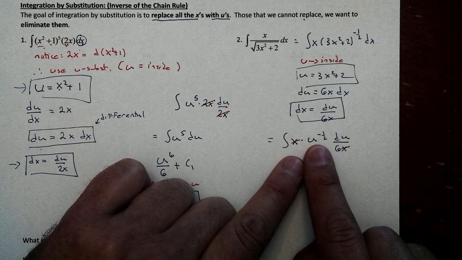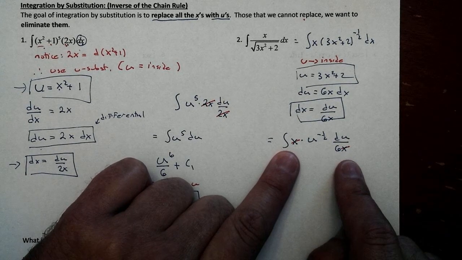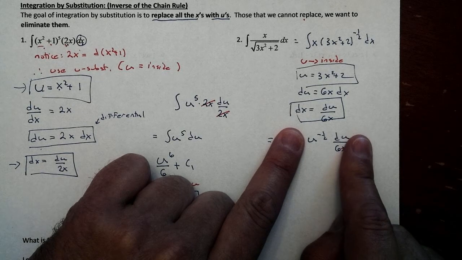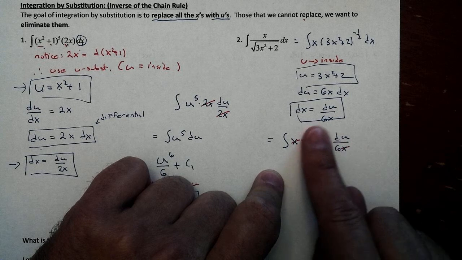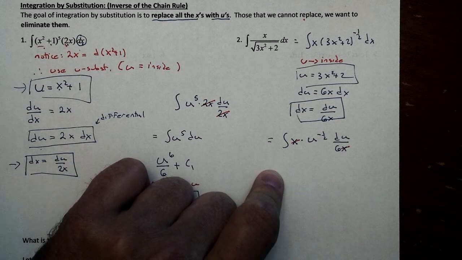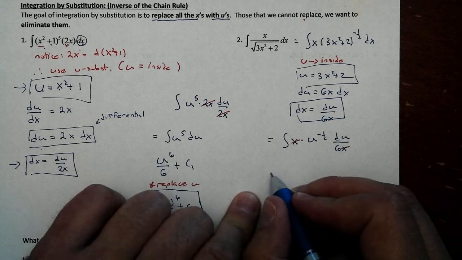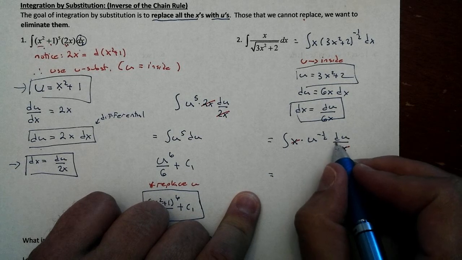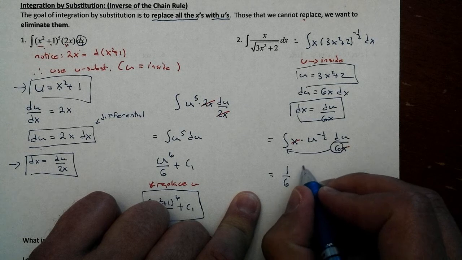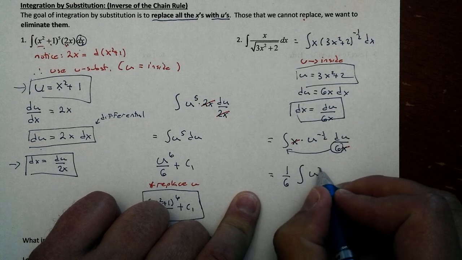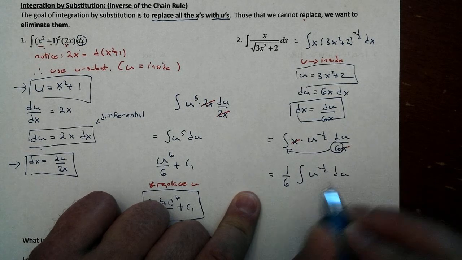If you're left with u and x, you have a problem. Only one variable should ever remain in here. You cannot have u and x in the same integral. We can't integrate those yet. So what I'm left with, now this is a constant. I'm just going to go ahead and factor that out. 1/6, the antiderivative, u to the negative 1/2 du.